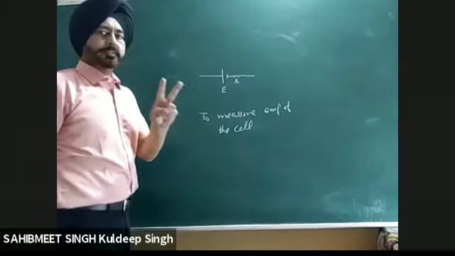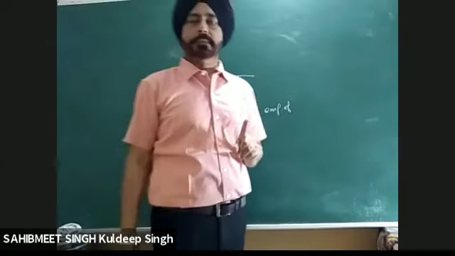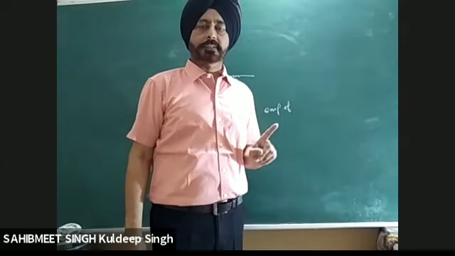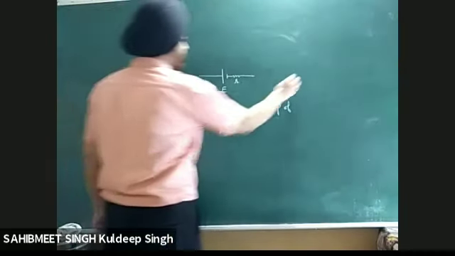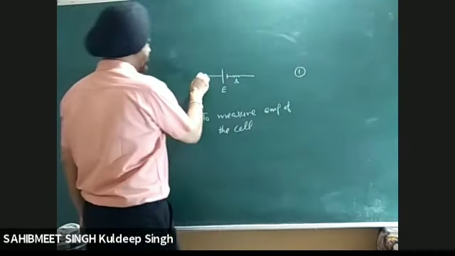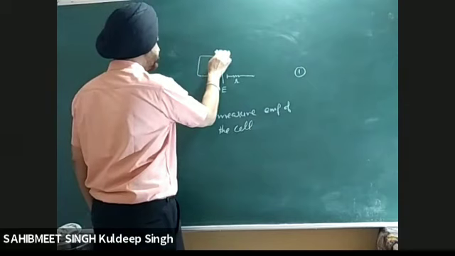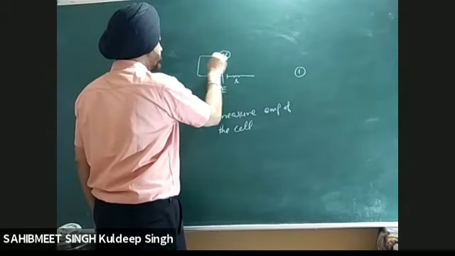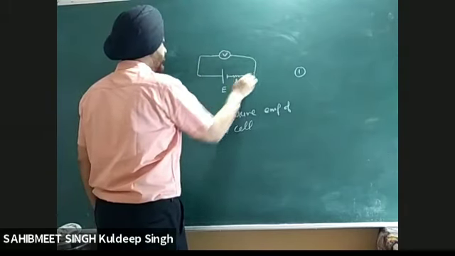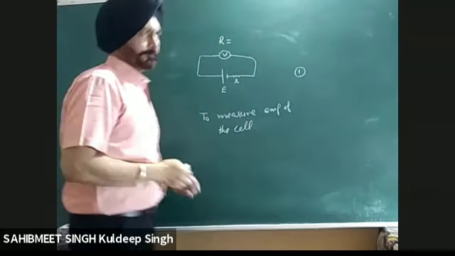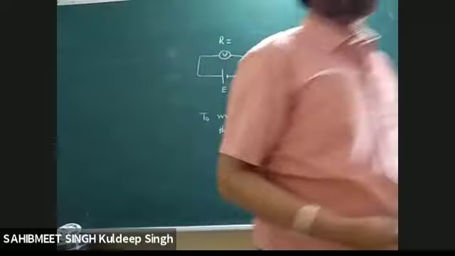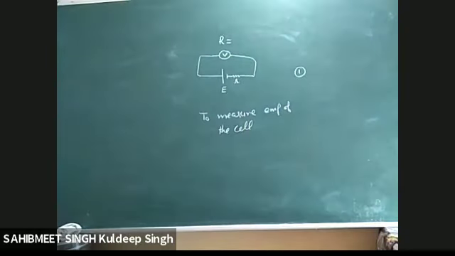I have two options. One is the voltmeter and second is the potentiometer. Let me connect a voltmeter first. I am connecting a voltmeter. The resistance of the voltmeter is high, very high, but not infinity.